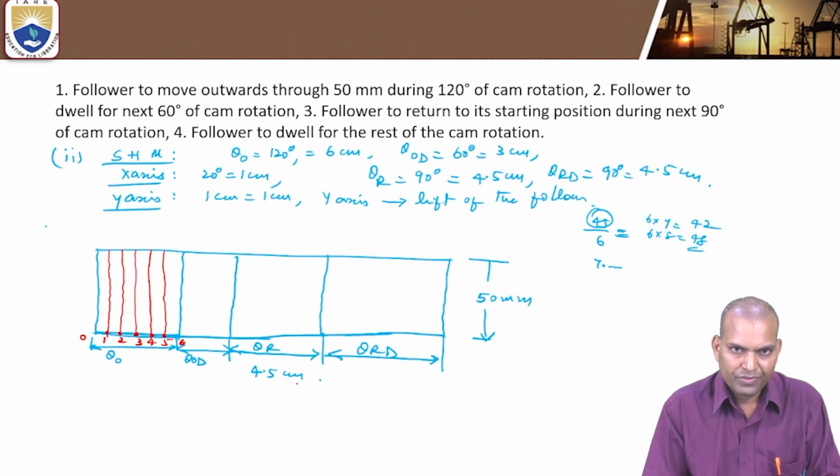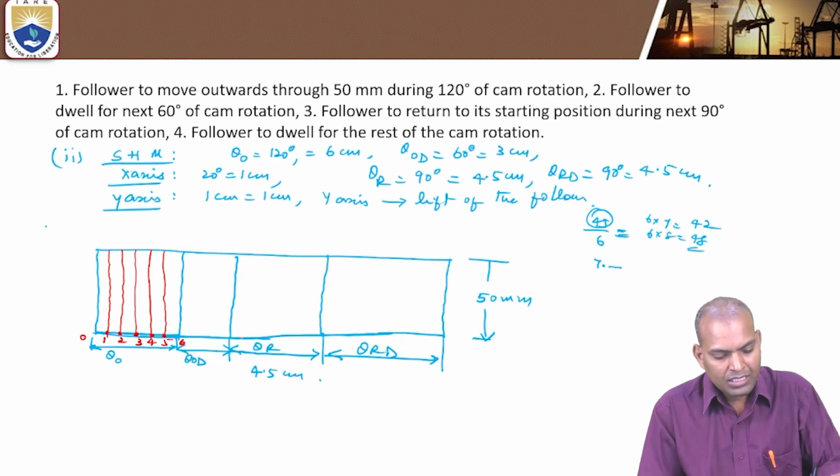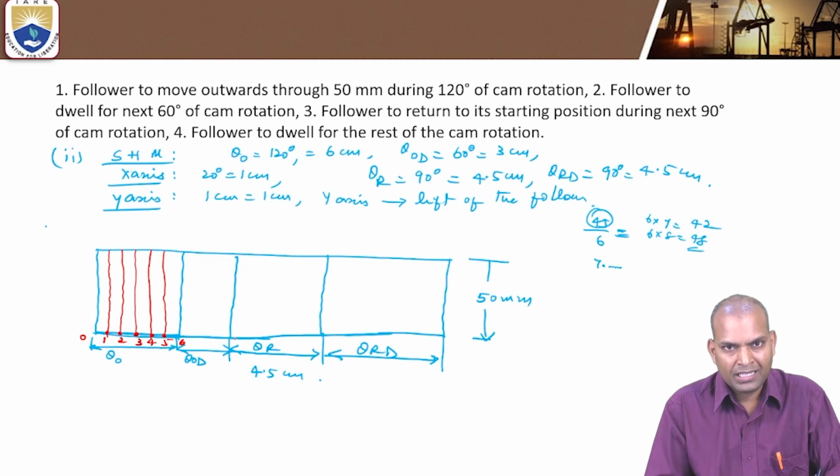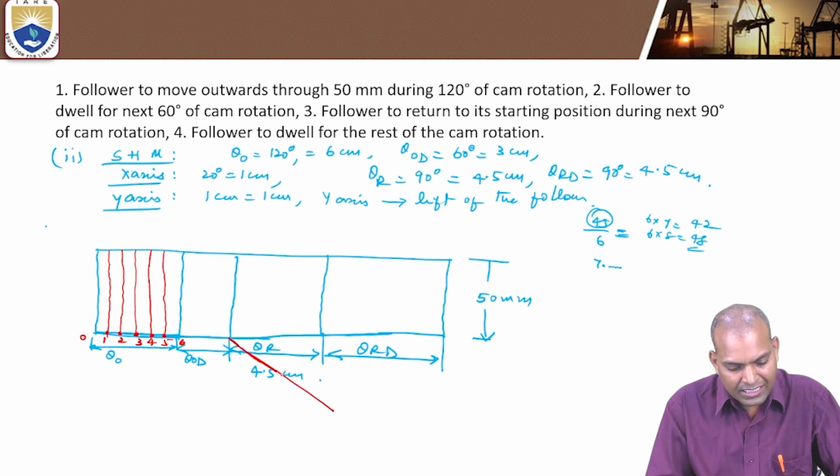The concept of engineering drawing is to take any angle of inclination that is less than 90 degrees. Consider a line of 6 centimeters length at that inclination, with equal divisions.